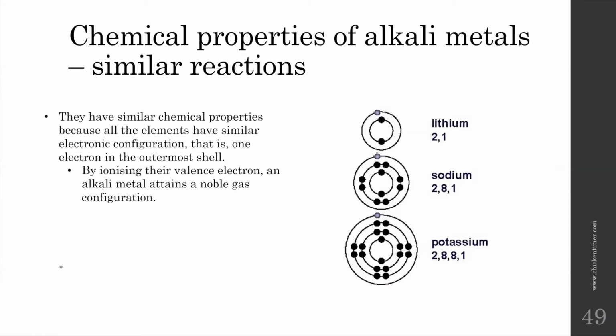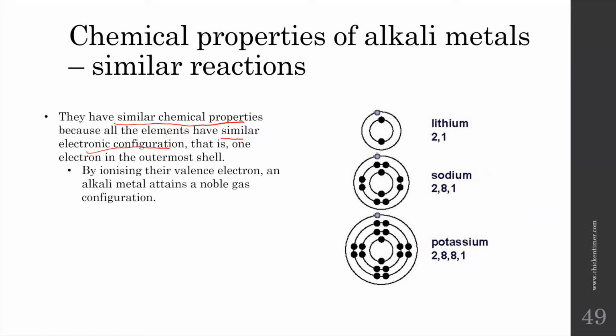Then we come to chemical properties. Chemical properties just means what kind of chemical reactions the alkali metals go through. The type of chemical property depends on their similar electronic configuration. If everyone has one valence electron, the metals will react similarly.